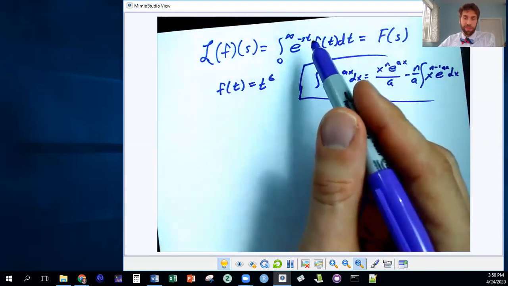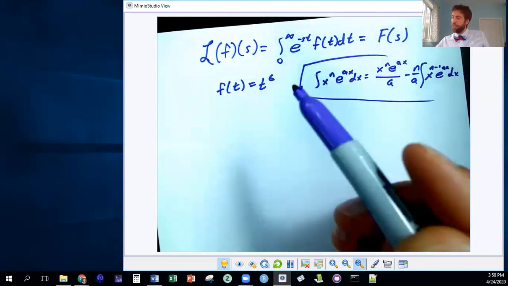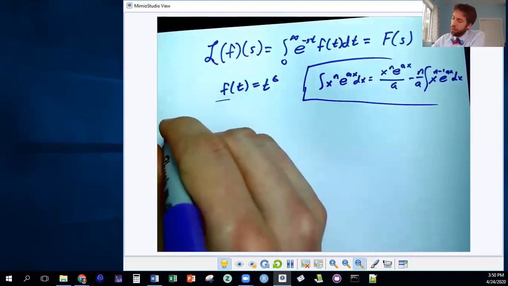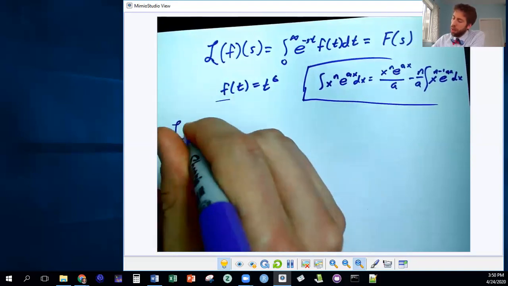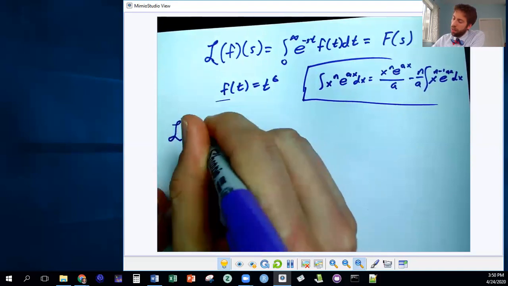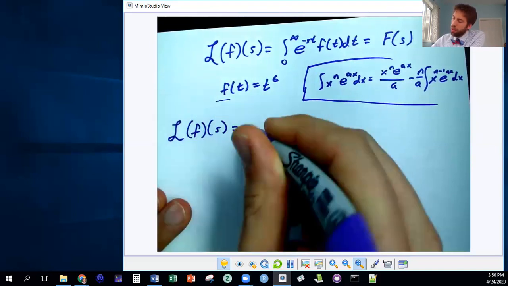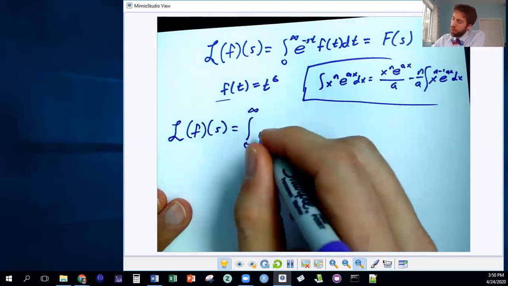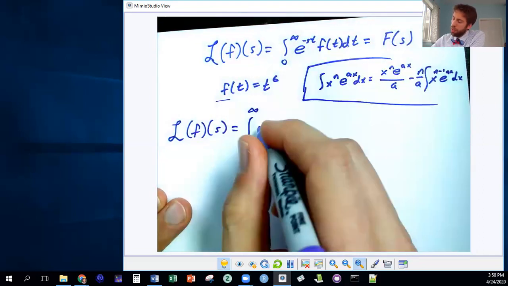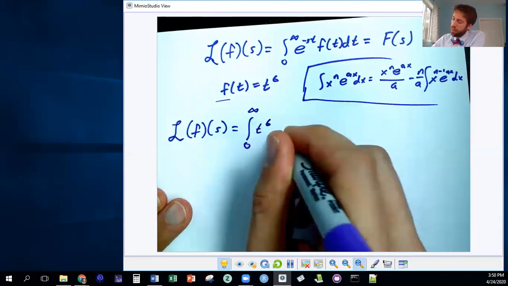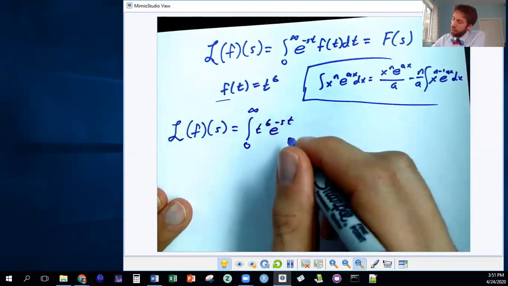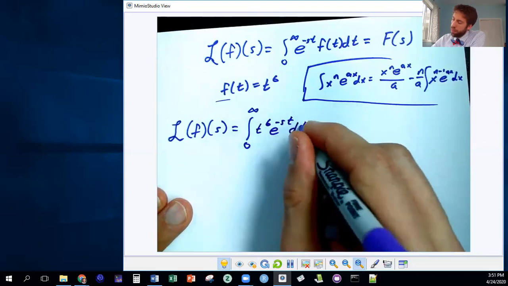Well, that's an awful integral, because consider this. If f is that, then fancy L of f of s is equal to the integral from 0 to infinity of, I'll write the little f first, t to the 6th times e to the negative st dt.